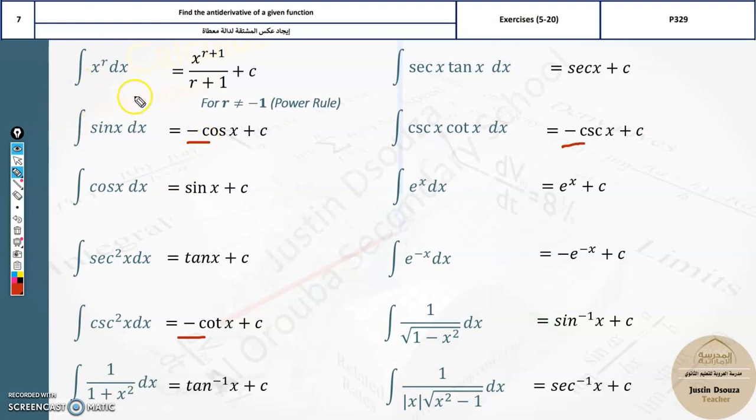If when you integrate you get a negative answer, then add the minus sign. Same thing over here: after integrating you got minus cot. So it's minus when it's a co-function, whereas if it is other than that, that is tan, sine and secant, you don't have to.